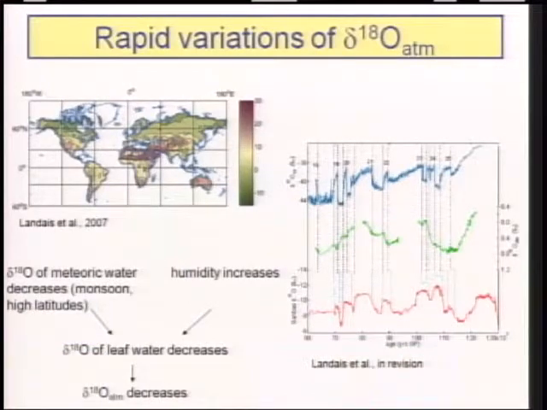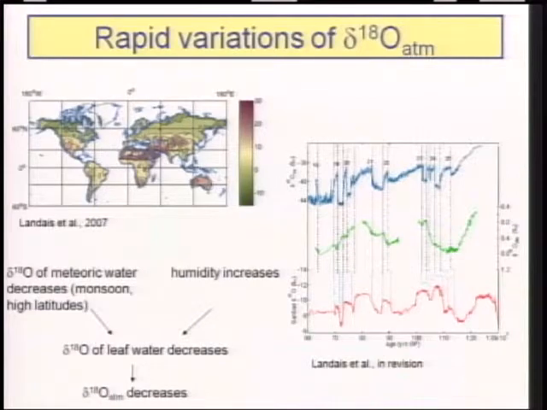And it can be shown that the main variation of delta weighting of O2 are due to variation of leaf water, because delta weighting of leaf water will be transmitted to the oxygen during photosynthesis. Leaf water delta weighting is something that will vary a lot.